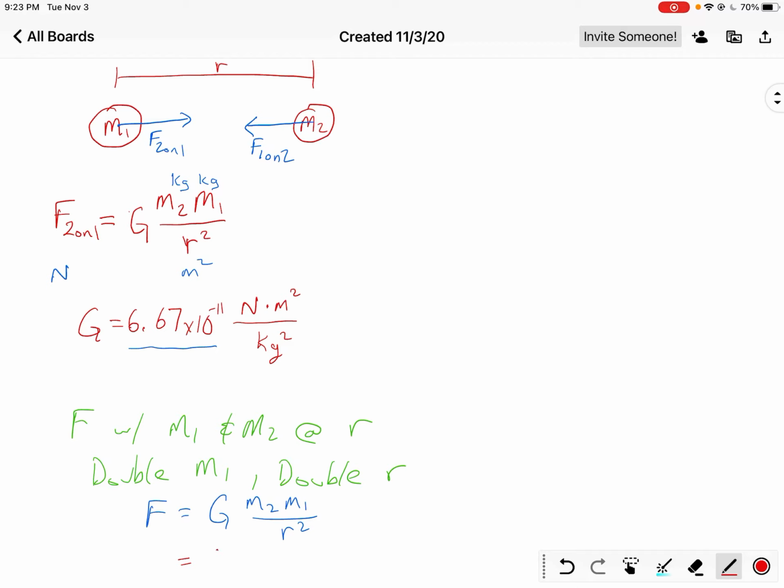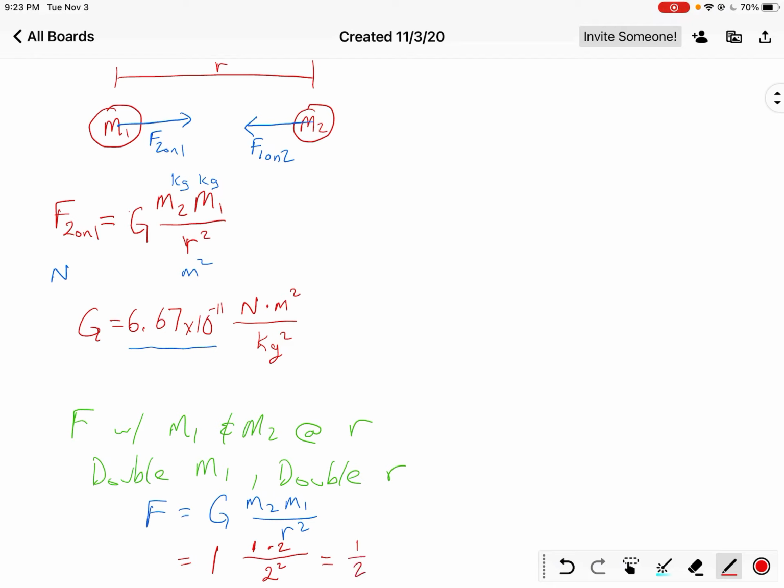So G doesn't change, so I'd plug in 1 for that. M2 doesn't change, so I'll plug in a 1 for that. M1 doubles, so I'll plug in a 2 for that. And the radius doubles, so I'll plug in a 2 for that, and that's a 2 squared. So if I work that out, I get a 2 over 2 squared, that's a 1/2.